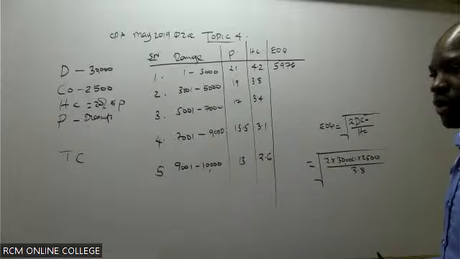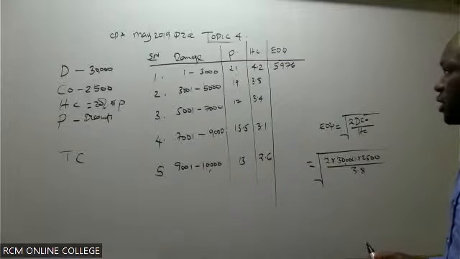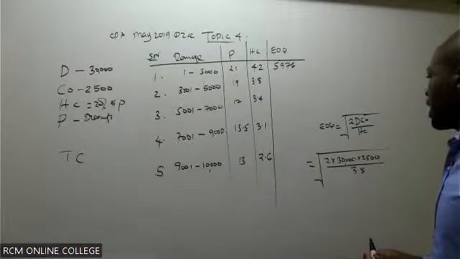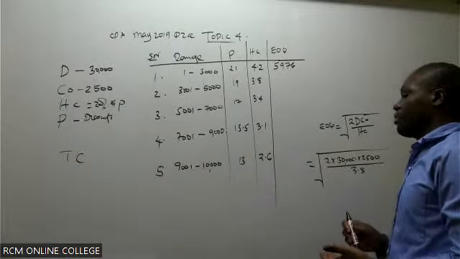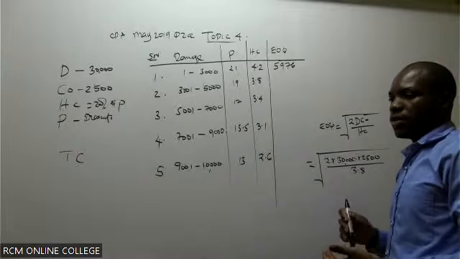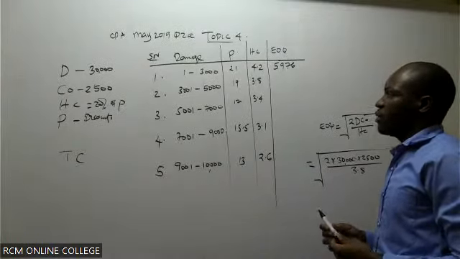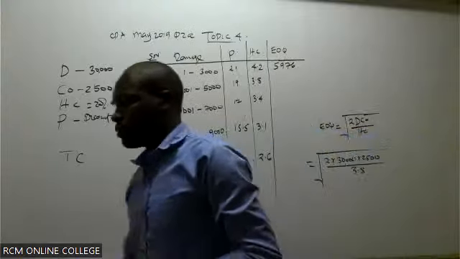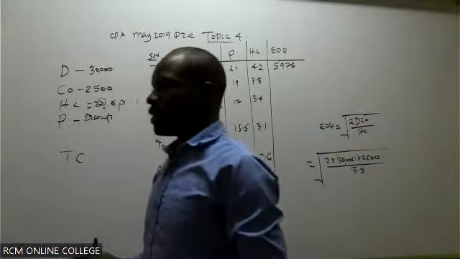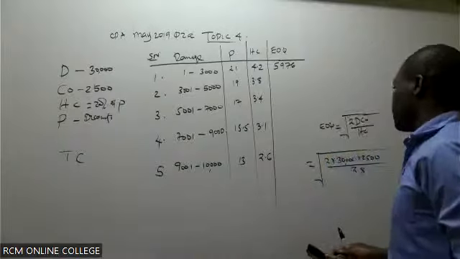DC anapata ngapi? 5620. 6283. Watu wanafanya vitu zingine hapa, wanakosea. You must have it 1986. Wow. Watu wanakosea. We must have the same answer, 6283.